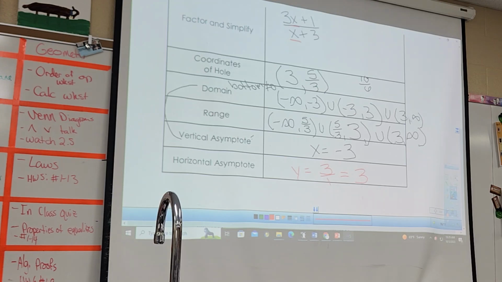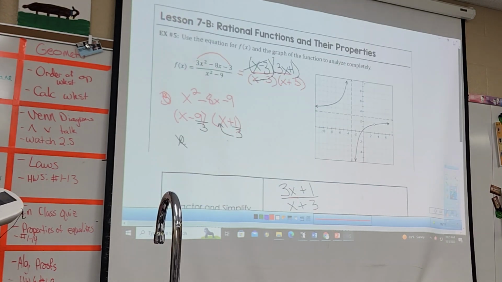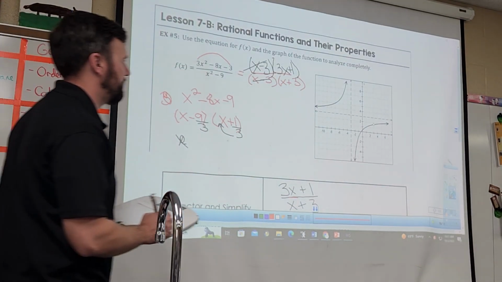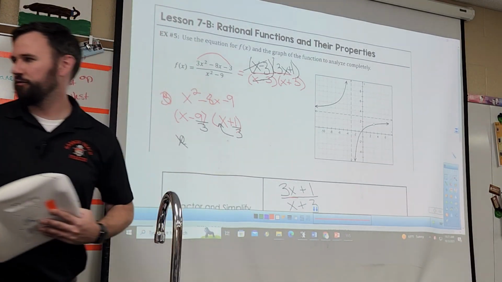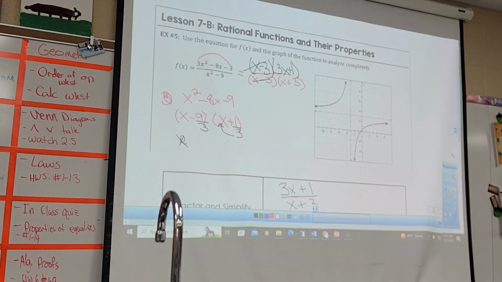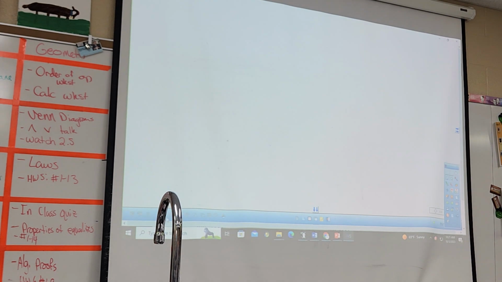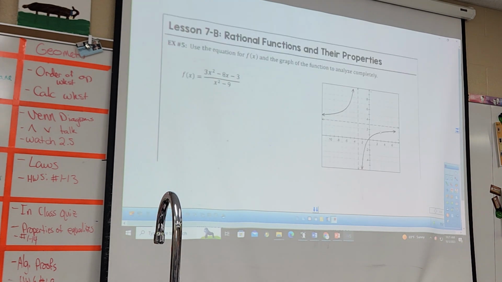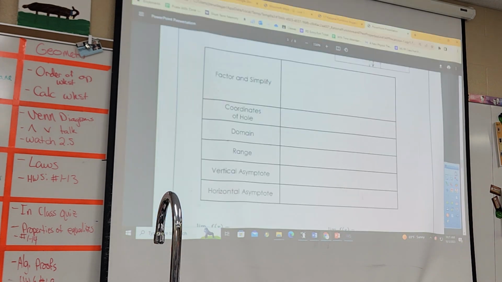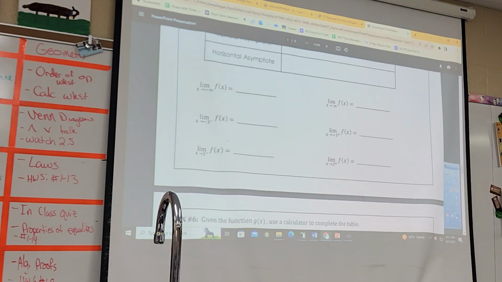How am I going to do this and get the graph on the same page? You guys want to see some math magic? Where's my mouse at? I can't handle this. This is why they pay me money. Watch this. You guys said I couldn't do it, and I can do it. I heard you, Nate, saying I can't do this.